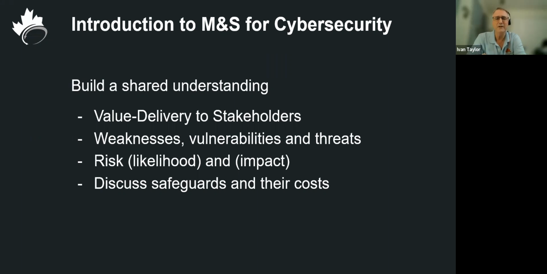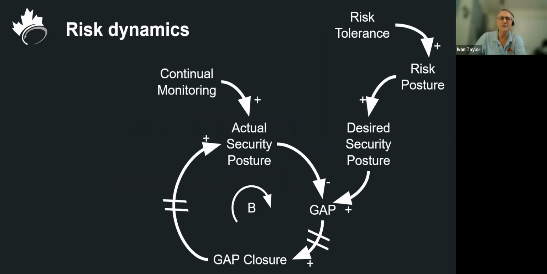Also, you want a shared understanding of the weaknesses, vulnerabilities, and threats to the system. You want a shared understanding of the risks in terms of likelihood and impact of those risks. And then, of course, you want to look at the safeguards and their benefits and their costs. So it's very important to build that shared understanding.